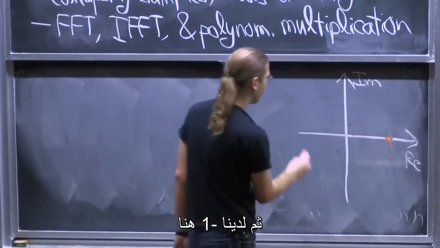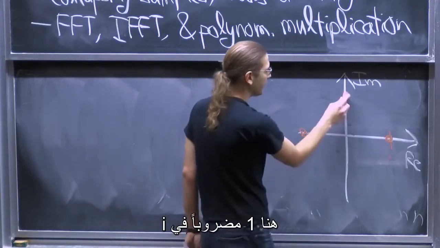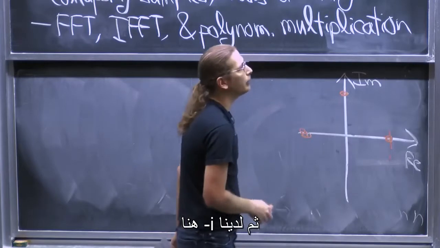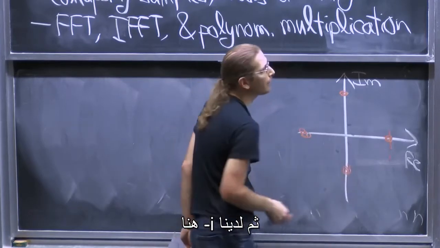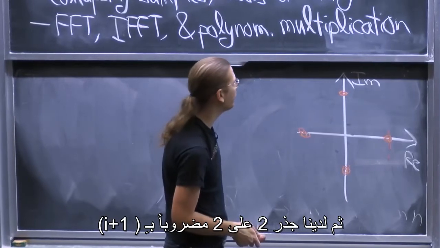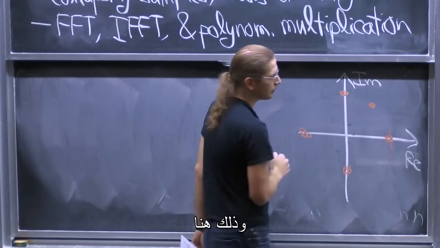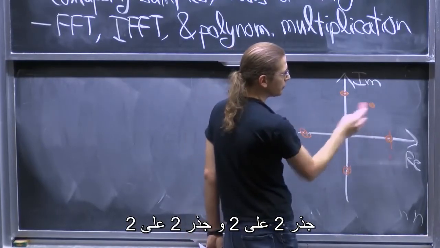Okay, then we got -1. That's over here. Then we got i. That's here, 1 times i. Then we got -i. That's here. Then we got √2/2 times 1 plus i. That's here. √2/2 by √2/2.